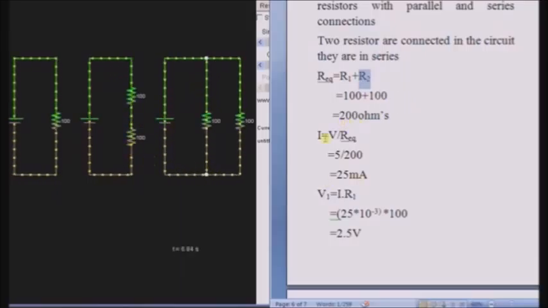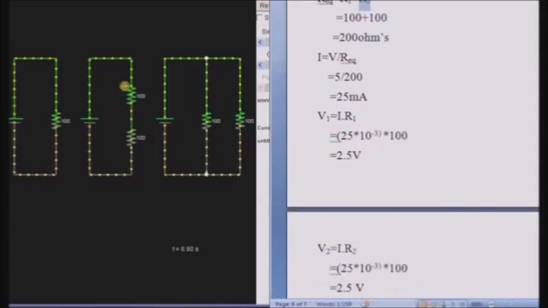Then the current flowing through the circuit, from V equals IR, is I equals V by R. That is 5 by 200 equals 25 milliamps. We can see the current flowing through this circuit is 25 milliamps, whereas the voltage across R1 and R2 is different.